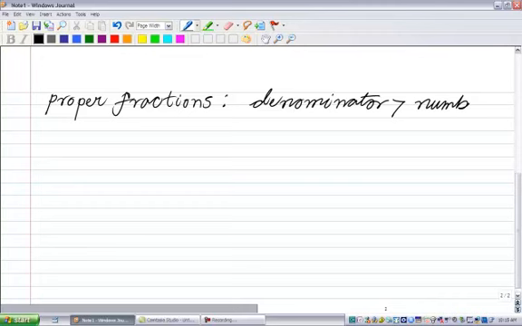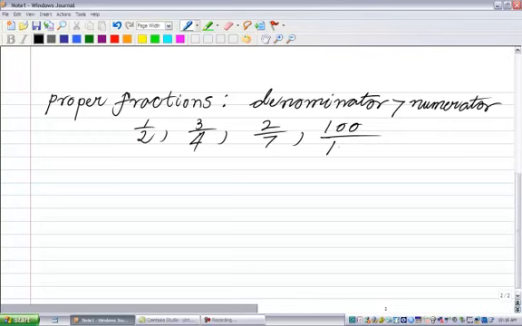And what are the examples? Well, 1/2, 3/4, 2/7, 100 over 107. These are all proper fractions. So the word proper fractions refers to the fractions where the denominator is larger than the numerator.